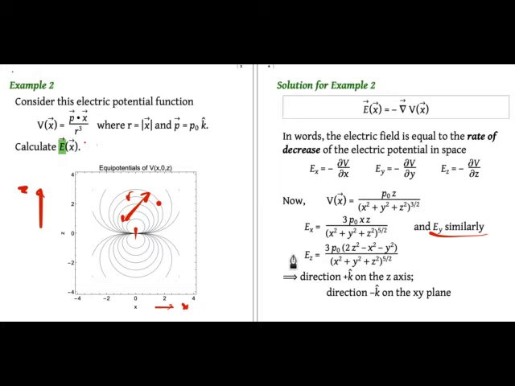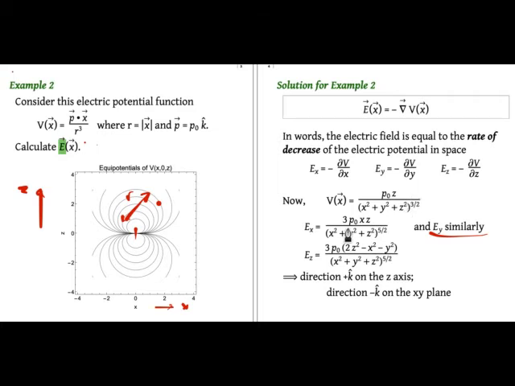Now Ez is different because I have to differentiate with respect to z. And z appears twice in this function. It appears in the numerator and it appears in the denominator. Now when I differentiate the factor 1 over r cubed, that'll just be like differentiating with respect to x, 1 over r cubed. I'll again get minus 3/2 r to the power 5 times 2z. And the 3/2 times 2 will be 3.